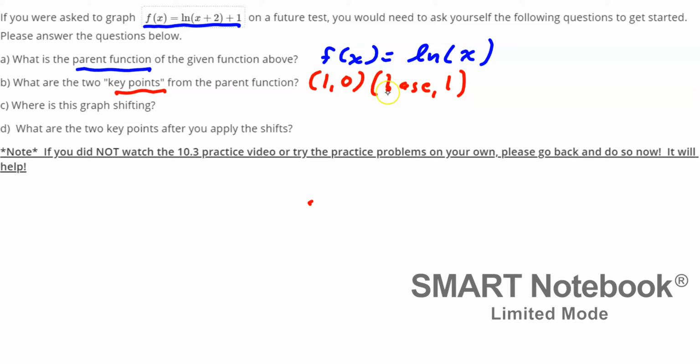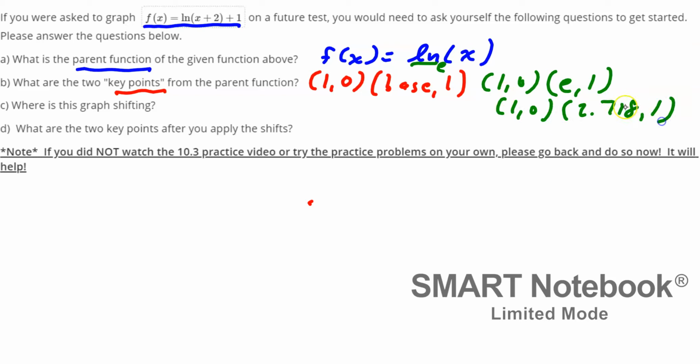Some of you had the correct order, but what happened for a lot of you was you assumed the base was 10. But if you see ln, you assume that the base is e, which means that your two key points are (1, 0) and (e, 1), which really are (1, 0) and (2.718, 1). I was looking for one of these two answers on the exit slip.